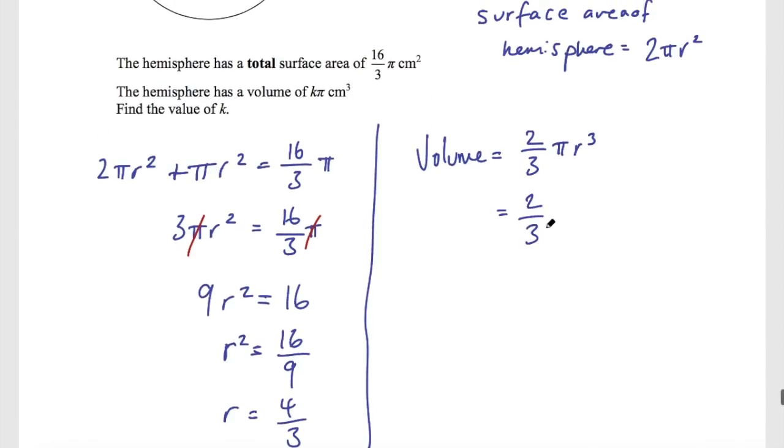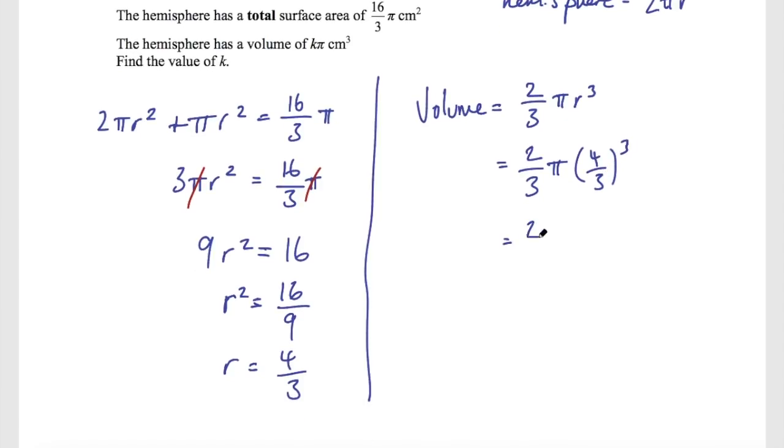So we'll get 2 on 3 pi and then 4 on 3 cubed. Then we get 2 over 3 multiplied by, now 4 cubed is 64, 3 cubed is 27, and that's all multiplied by pi. 2 times 64, that's 128. 3 times 27, that's 81 times pi.